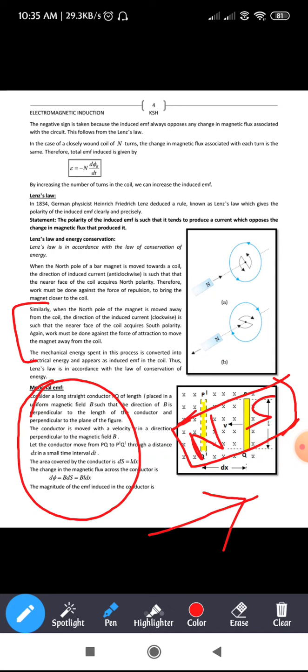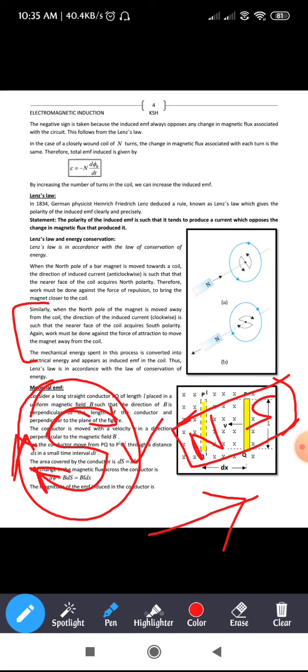The current induced in the coil will be in a clockwise direction. So this coil acquires a polarity of south pole. The direction of anti-clockwise is like this, the same thing we have written here.